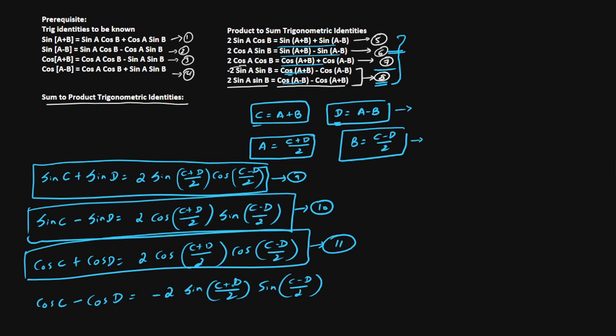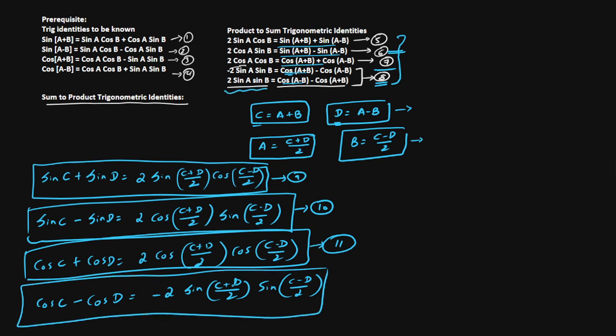So the last one, which is shown here, where we don't want to see this minus, so that's cos D minus cos C equals 2 sin C plus D by 2 sin C minus D by 2.